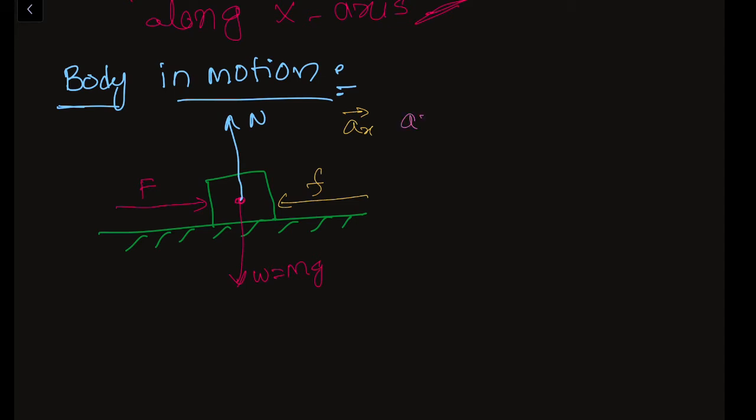Here a is not equal to 0. So how can we find acceleration and everything?